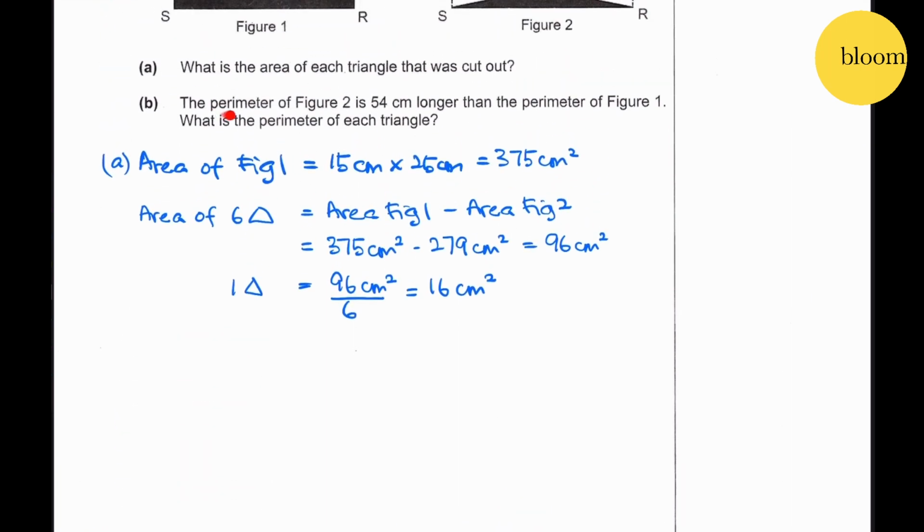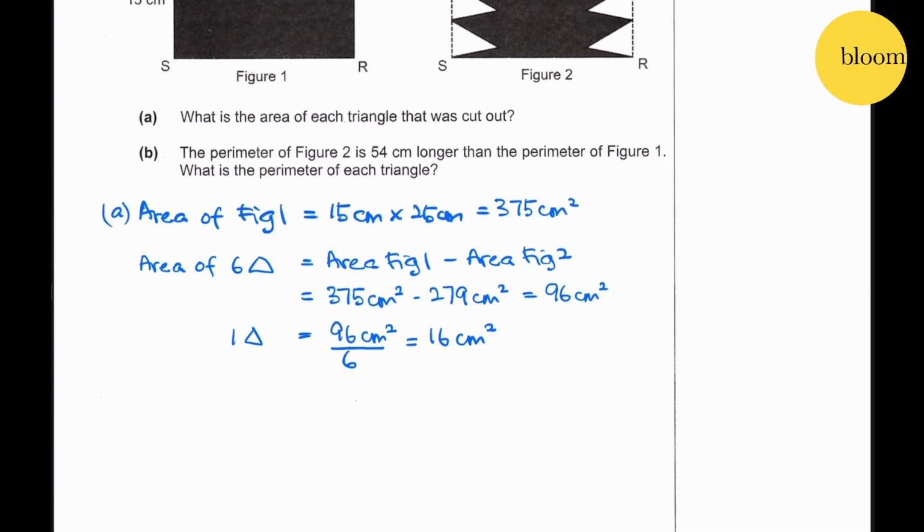B. The perimeter of figure 2 is 54 cm longer than the perimeter of figure 1. What is the perimeter of each triangle? So, we have perimeter of figure 2 equals perimeter of figure 1 plus 54 cm.